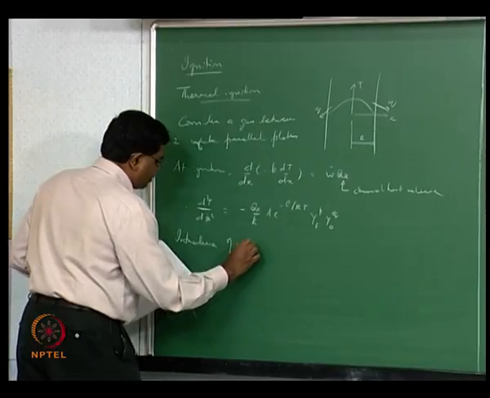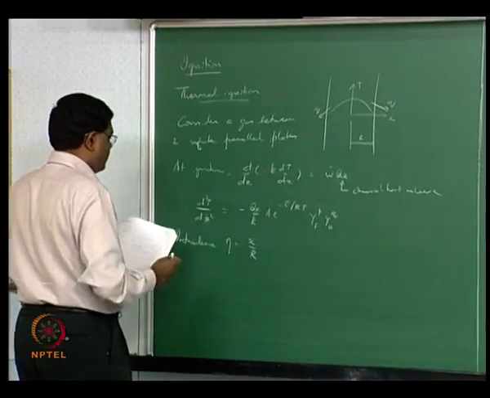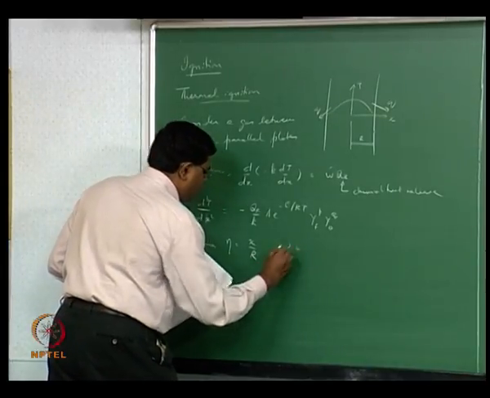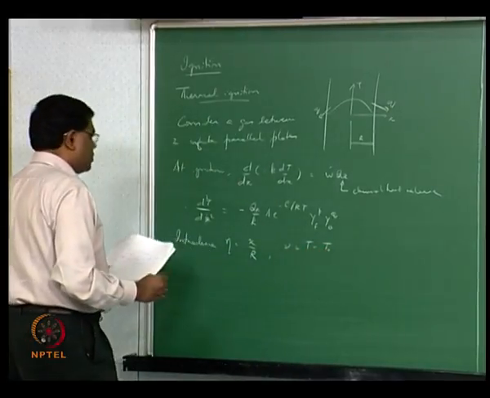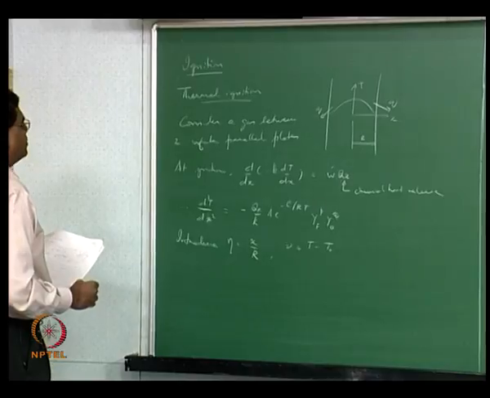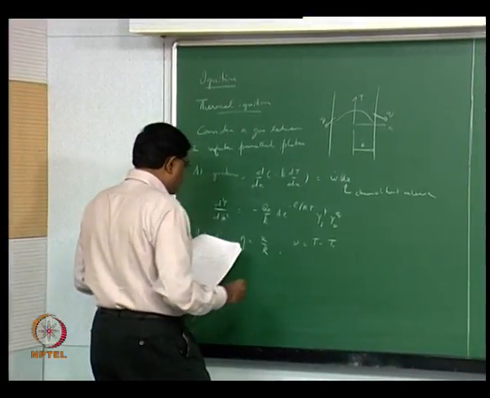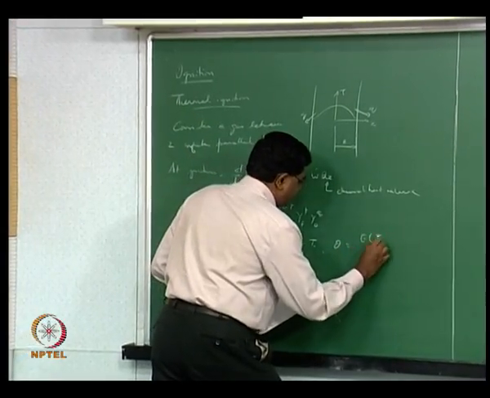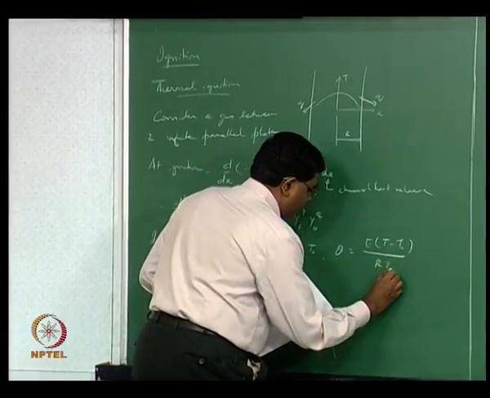Eta equals x over capital R, that's non-dimensionalizing the length. And now let's suppose that nu stands for T minus T naught, that's the departure from the wall temperature for the gas, and let's say theta equals E times (T minus T naught) divided by R T naught squared.